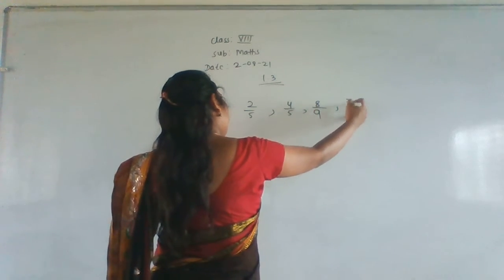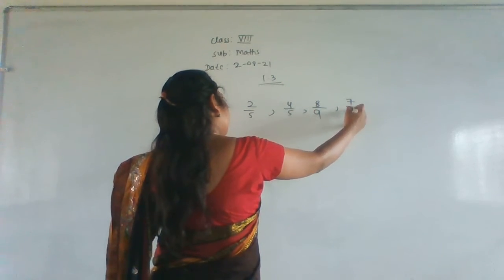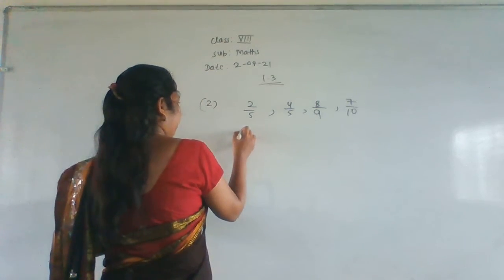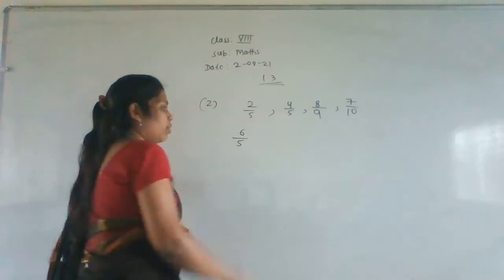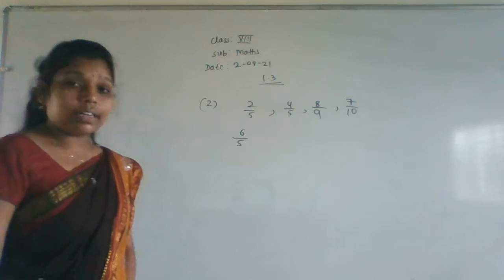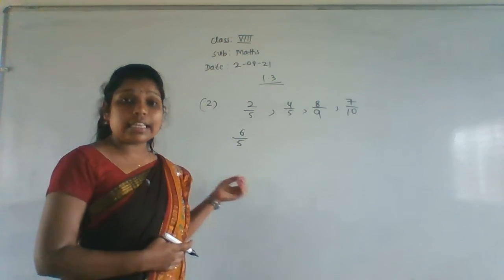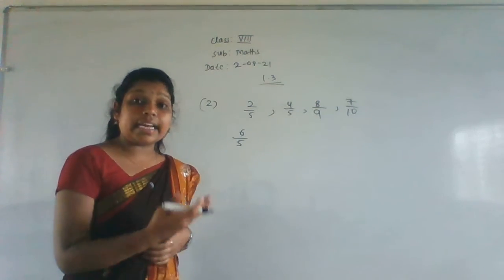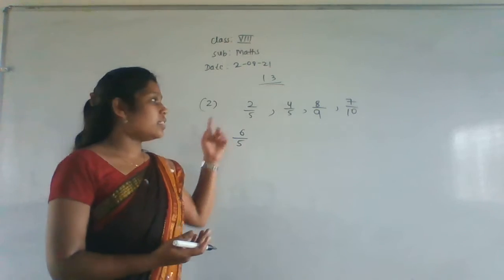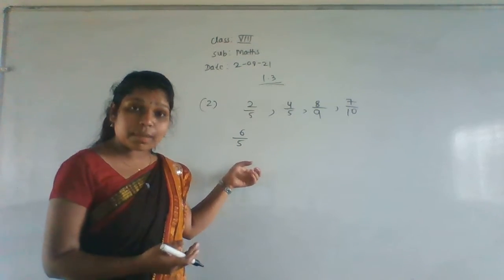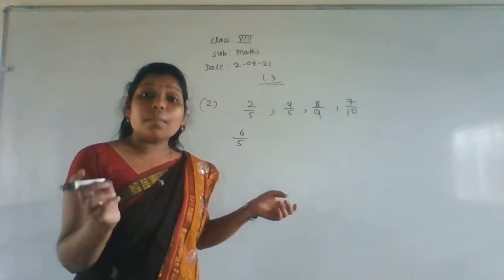Okay, and next 7 by 10 as well as 6 by 5. Okay, these are the rational numbers greater than minus 2.